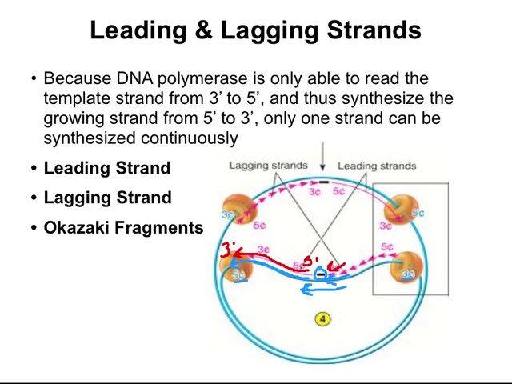Now the strand opened up a little bit more, DNA polymerase was able to jump back, and it would synthesize another piece of strand, reading 3' to 5' and synthesizing 5' to 3'. And so now we have a section of new DNA. These little sections are called Okazaki fragments.